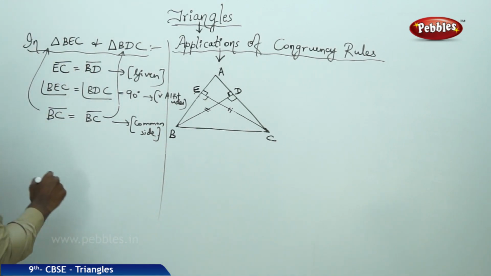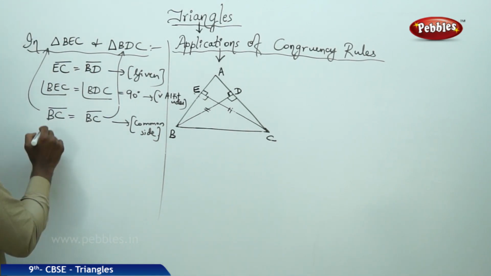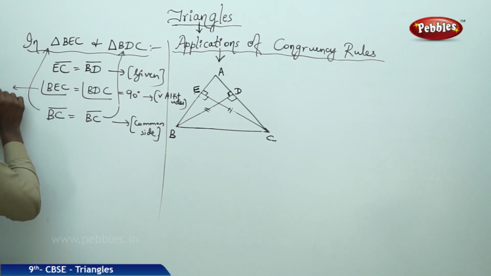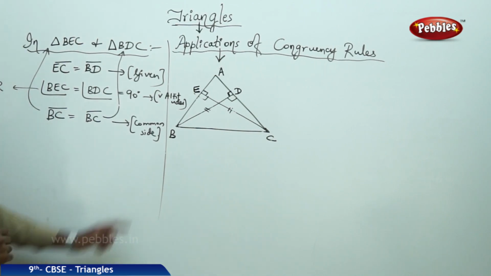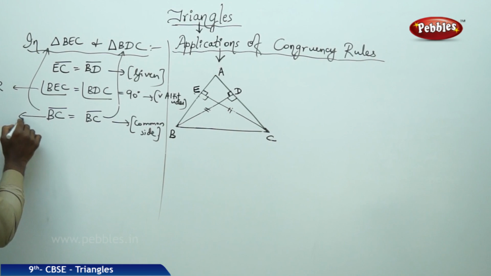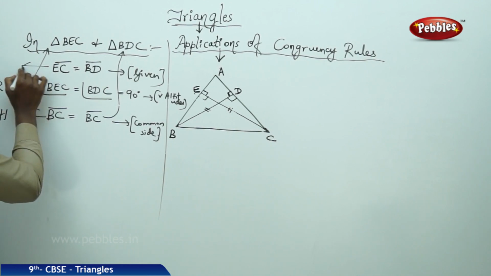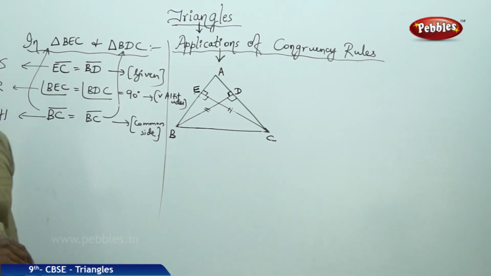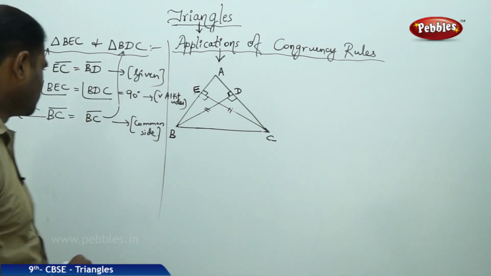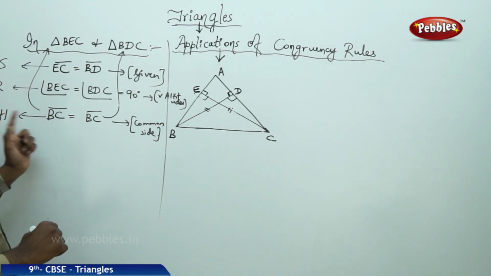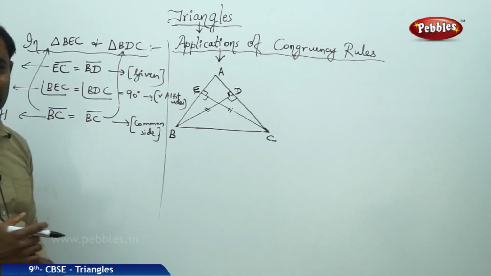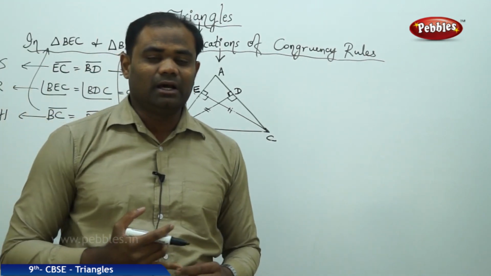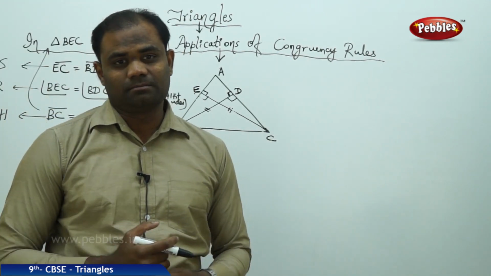Next, clearly I see that this is the right angle and this is the hypotenuse and this is the side connecting the two triangles. Therefore, the right angle, the hypotenuse and the sides being equal makes me recollect the RHS axiom.